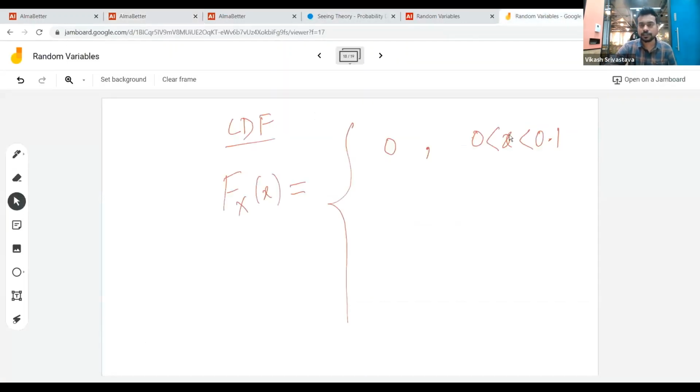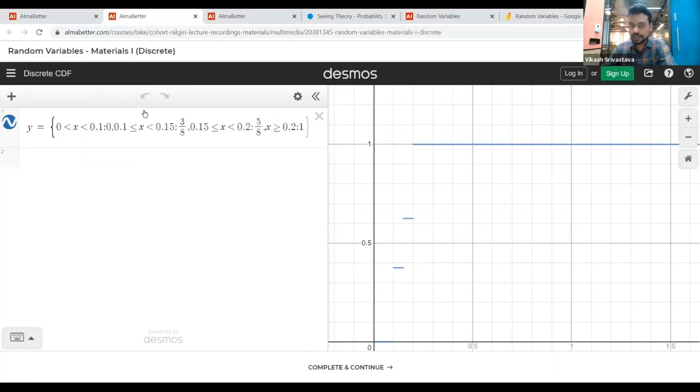So something like this. And then similarly we'll write it will take a value 3 by 8 if X is greater than or equal to 0.1 and less than 0.15, and then we'll write 1 by 4.